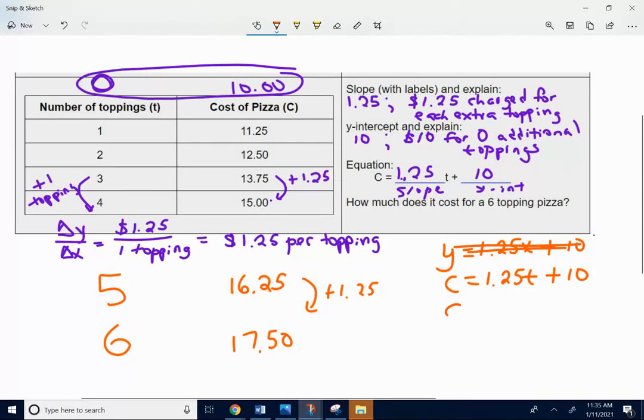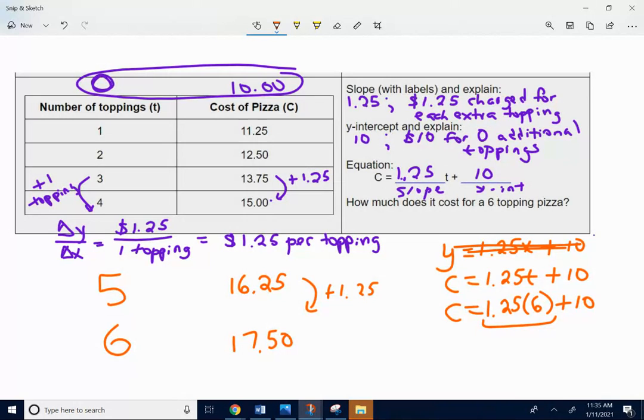So you're going to plug in that 6 for the topping variable, which is T. You're going to keep the rest of the equation alone. So you're going to have cost equals 1.25 times 6, add 10. We do not need to isolate the variable because C is already alone.